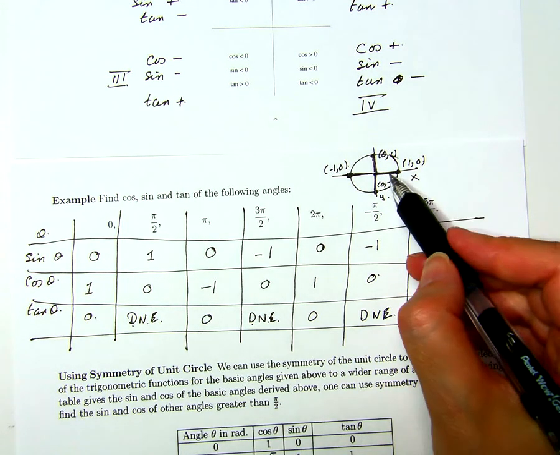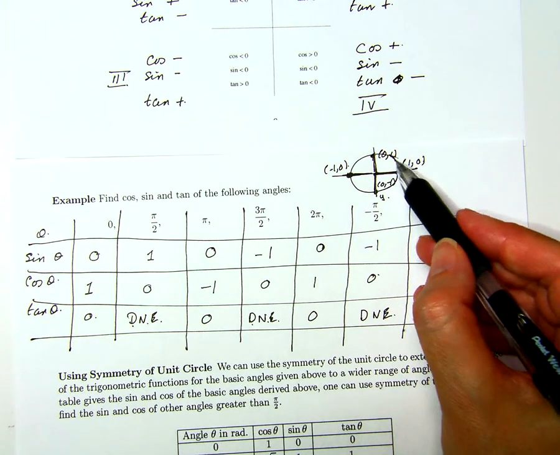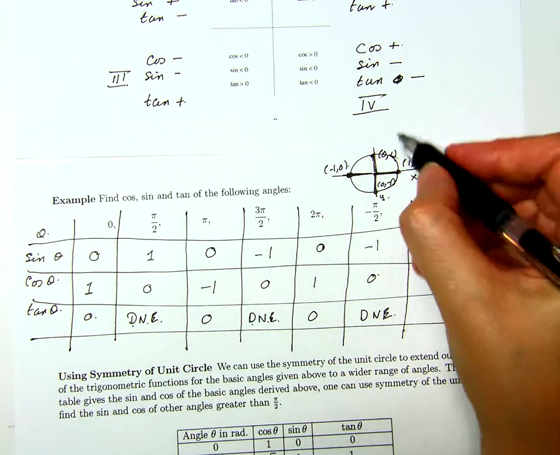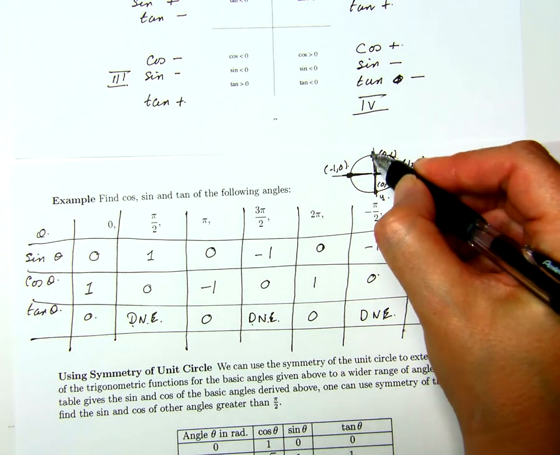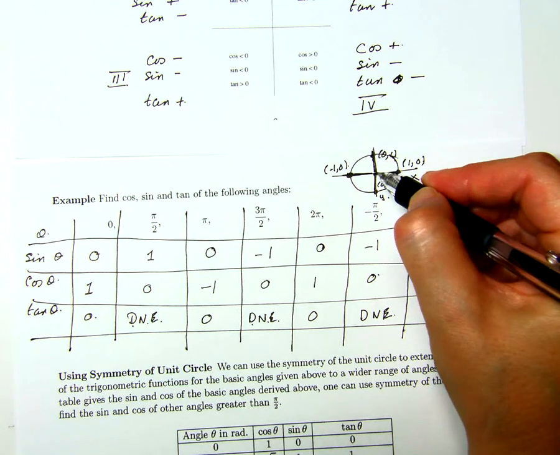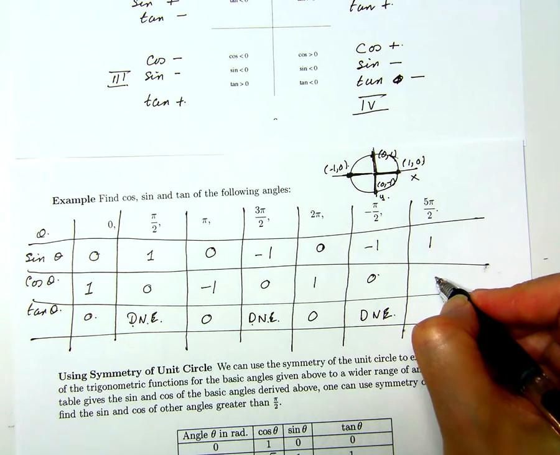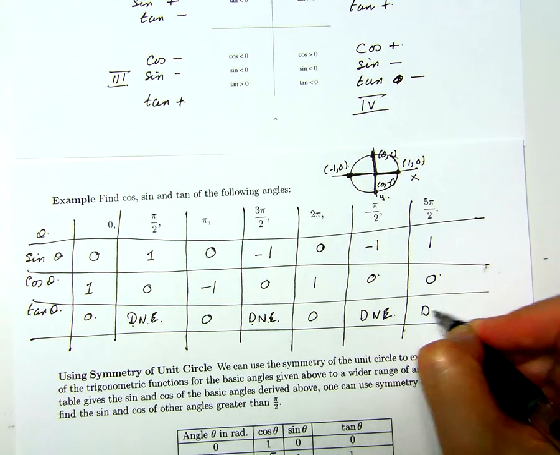And the angle 5 pi over 2 does a full revolution plus another quarter revolution, and it's coterminal with the angle pi over 2. And so therefore it has exactly the same sine, cosine, and tangent.